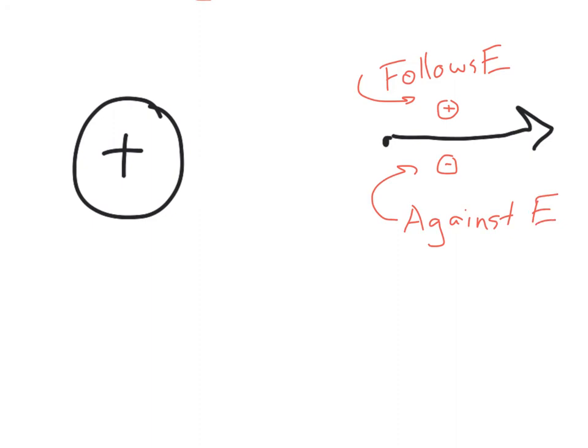And so the plus would follow the field to the right, the negative would go against the field and therefore head to the left. So the reason we say that positives make fields that go away from them is because it shows the direction of the force that would act on a positive charge that you put close by.